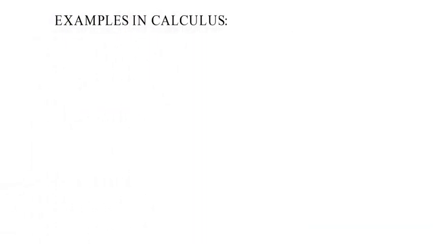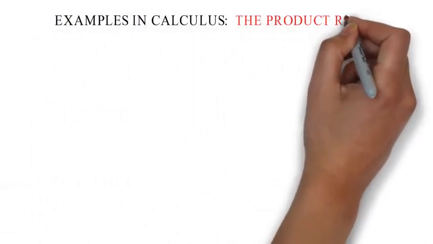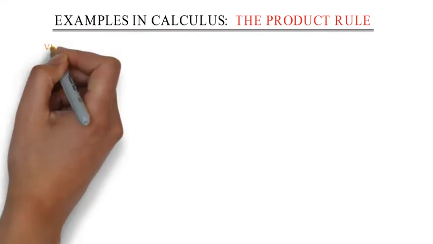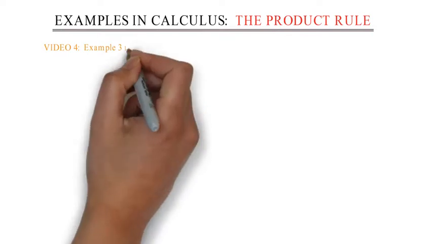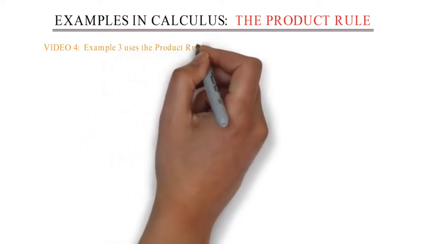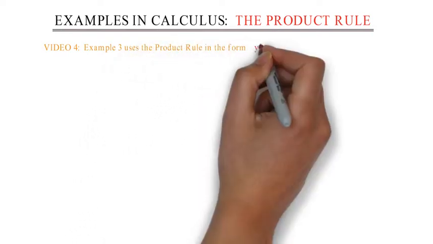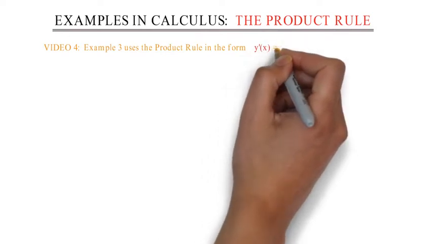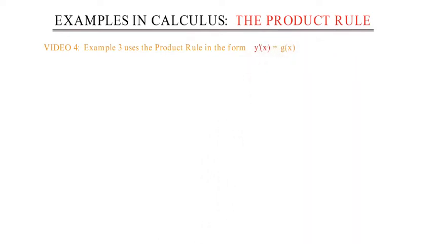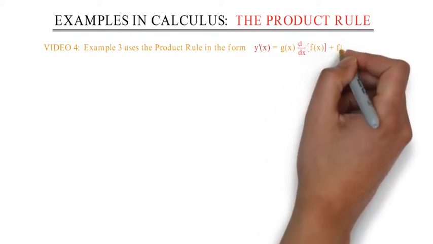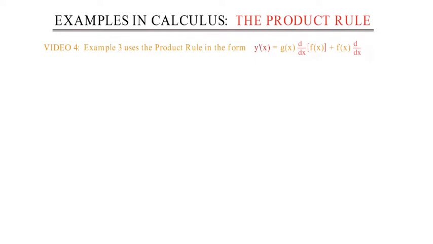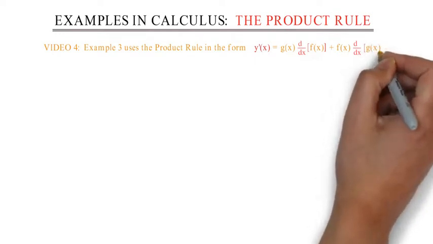Examples in calculus, the product rule. This is video 4. Example 3 uses the product rule in the form y dash x equals g(x) times d/dx of f(x) plus f(x) times d/dx of g(x).